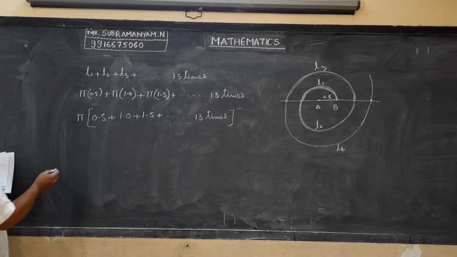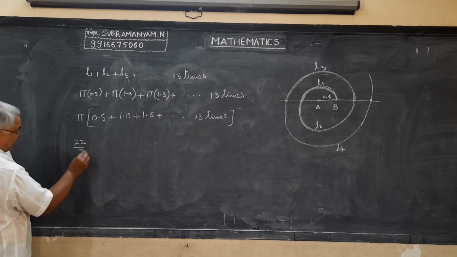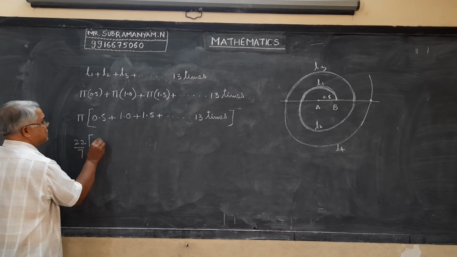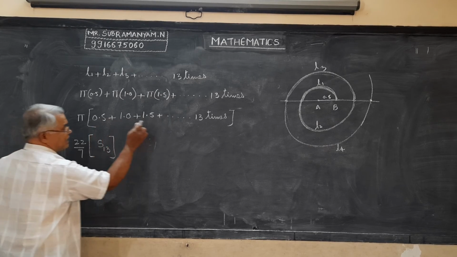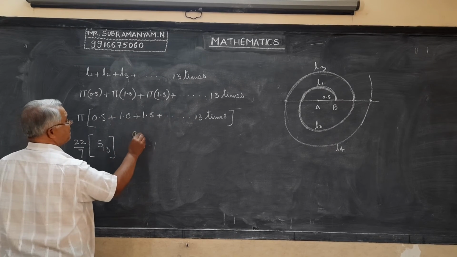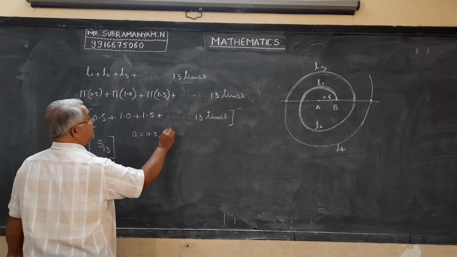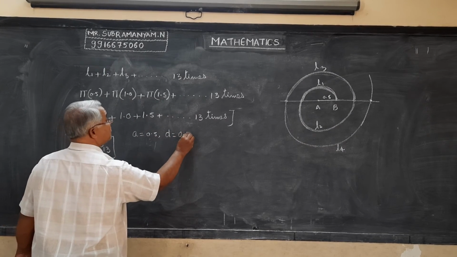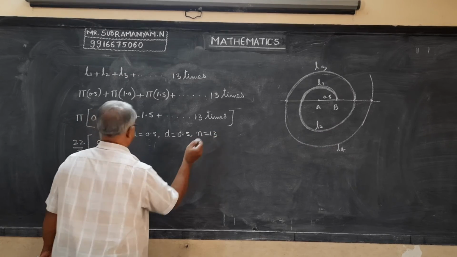So 22 by 7 is the value of pi. There are 13 terms. What is the value of a? 0.5. What is the value of d? Subtract, that is also 0.5. What is the value of n? It is 13.